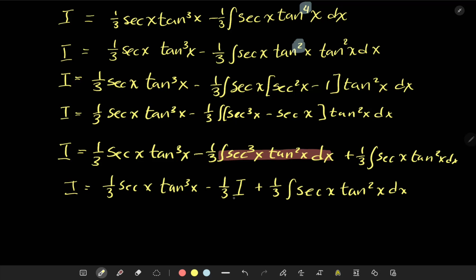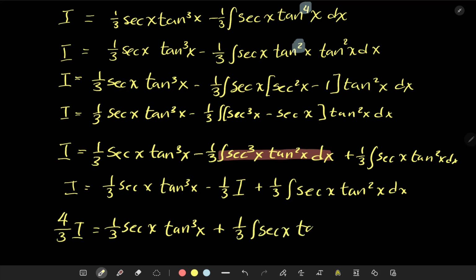But what I'm going to do then is add this 1/3 on both sides, and I get 1/3 plus 1 is 4/3 of I equals these other two terms: 1/3 of the secant of x tangent cubed of x plus 1/3 of the integral of the secant of x tangent squared of x dx.